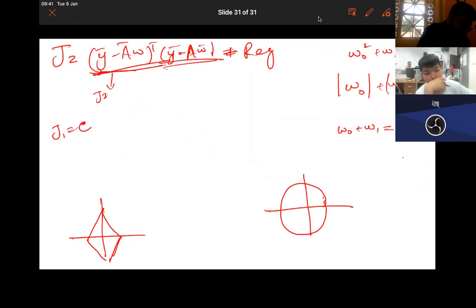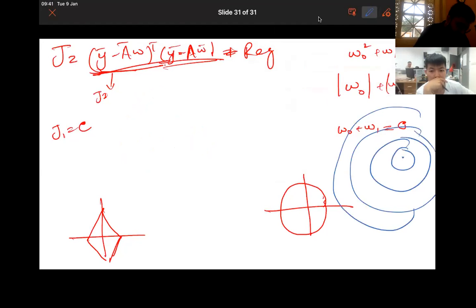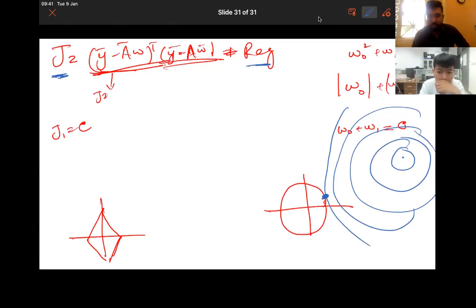Let me draw it in blue. The intersection of this with the circle is likely to be somewhere here. The intersection is basically the sum of this plus this.